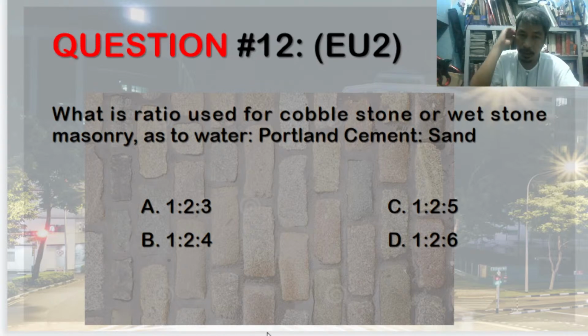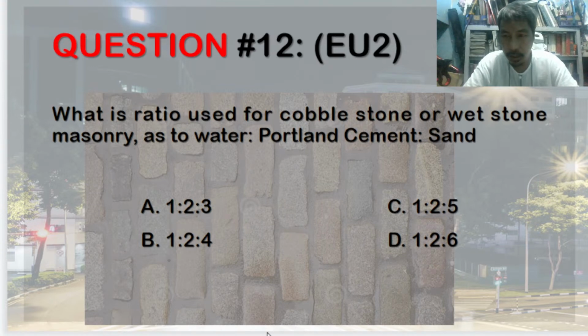What is the correct ratio for cobblestone masonry? Cobblestone is a specific size of stone, a lot bigger than gravel. Gravel is about 2 inches to 3 or 4 inches, but cobblestone is a lot bigger than gravel.